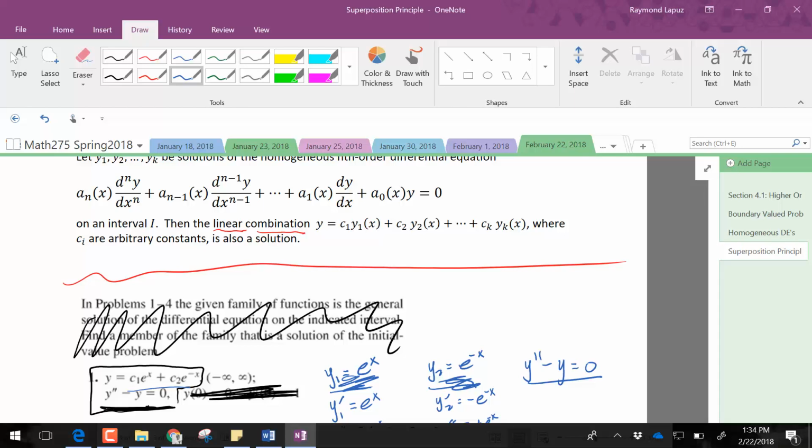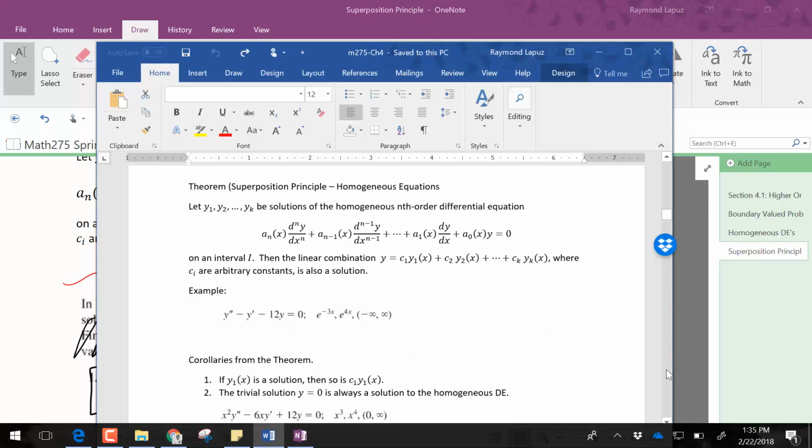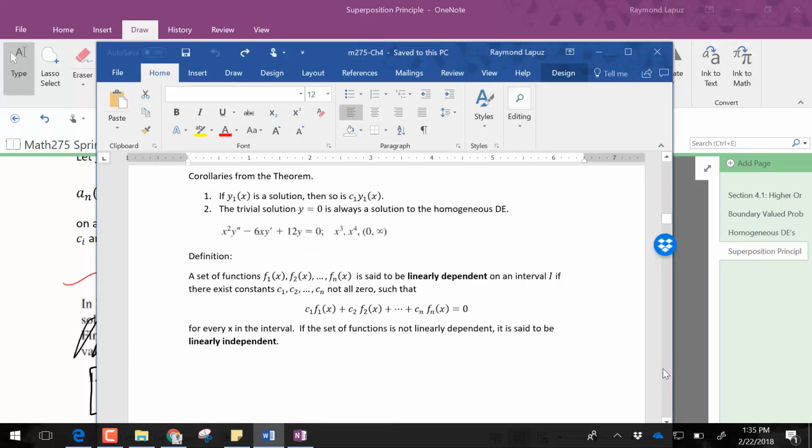So we're going to, hopefully we'll find that out. Skip over differential operators.